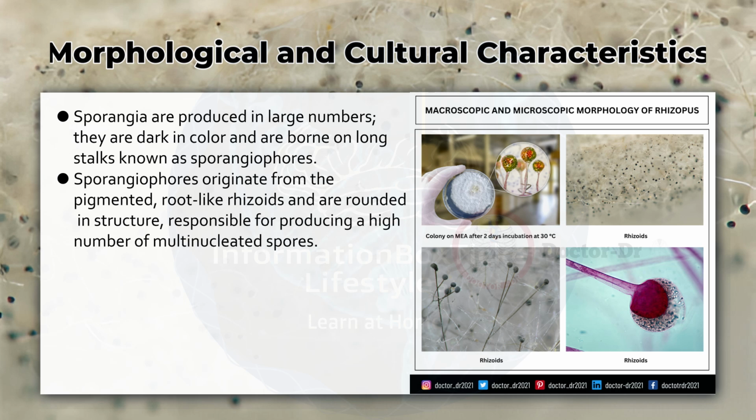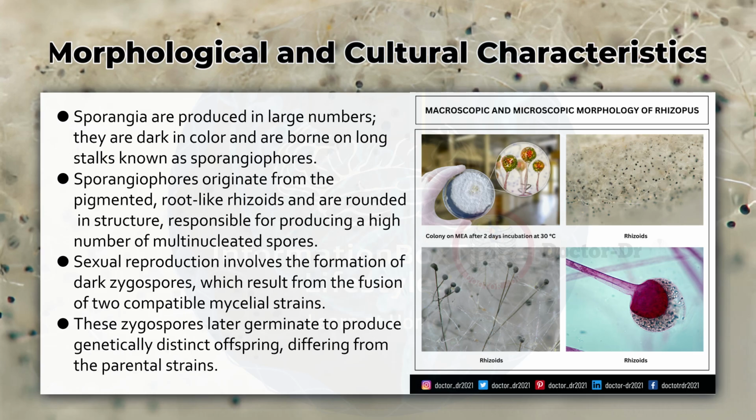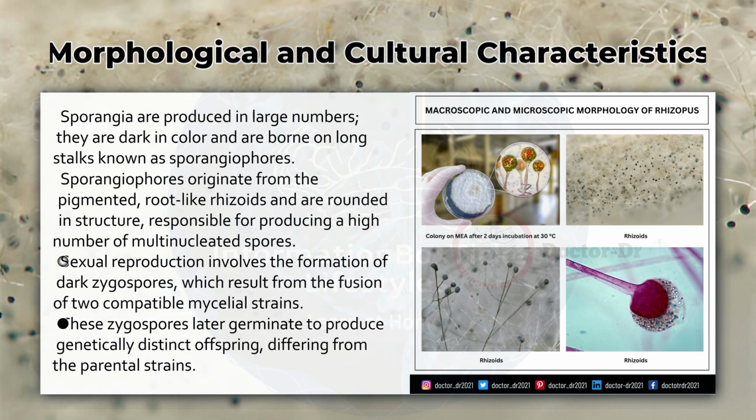Sporangiophores originate from the pigmented, root-like rhizoids and are rounded in structure, responsible for producing a high number of multinucleated spores. Sexual reproduction involves the formation of dark zygospores, which result from the fusion of 2 compatible mycelial strains. These zygospores later germinate to produce genetically distinct offspring, differing from the parental strains.